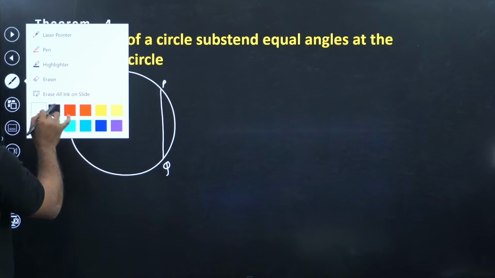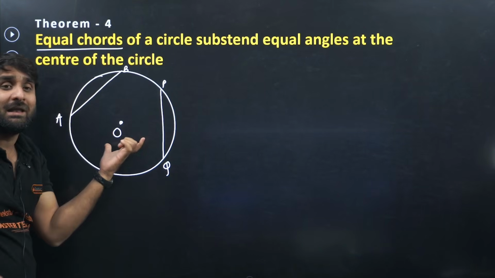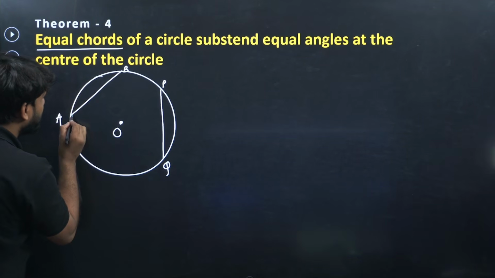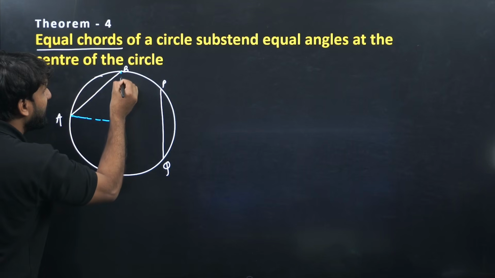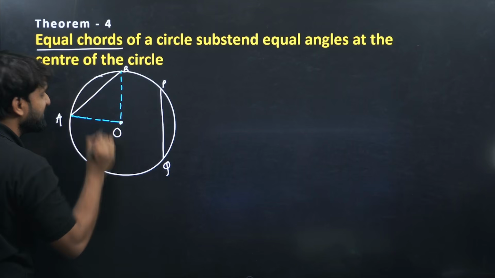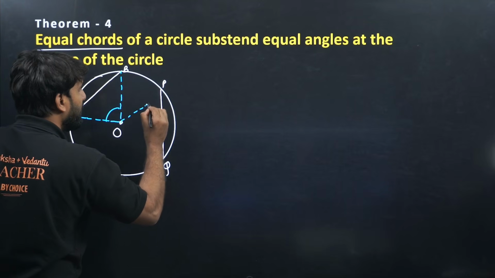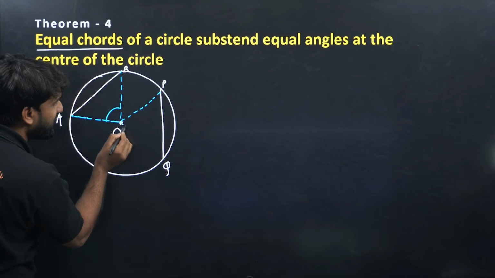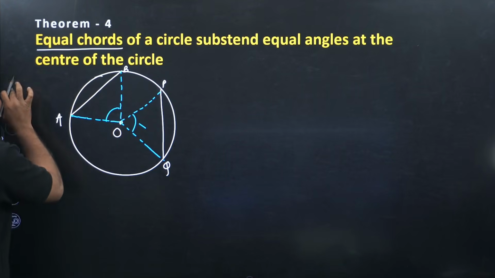So this theorem says that if two chords are equal in length, they always subtend equal angles. For example, if I join A and B to point O, which is the center, this angle, and if we join P and Q to the center, this angle, both the angles are equal to each other.